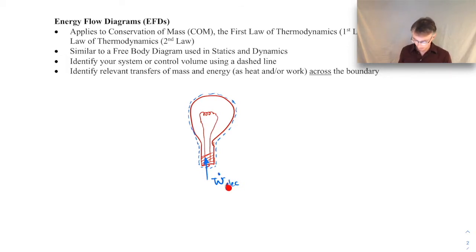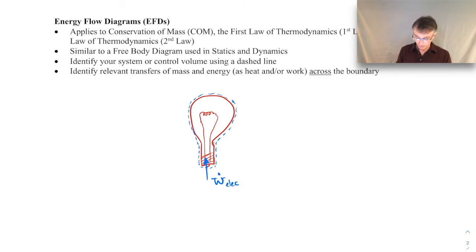And then I put a subscript ELEC here to indicate that it's electricity. So this is the electrical power. And I've drawn an arrow across the boundary to indicate that it's coming into the light bulb, because we have to put electricity into the light bulb to make it work, right? So this is an example of a work transfer across the boundary, okay?